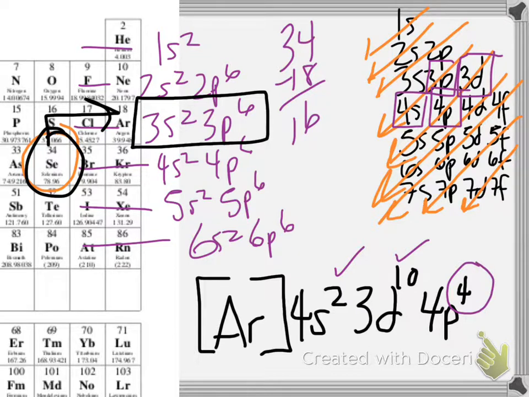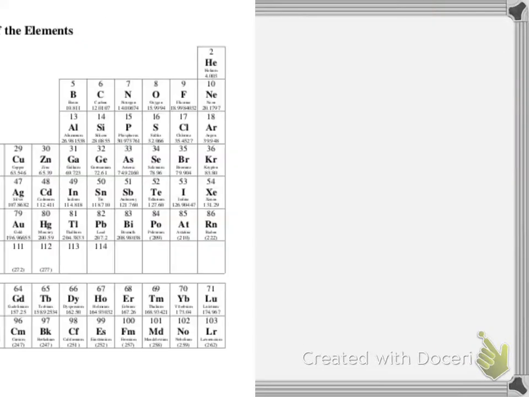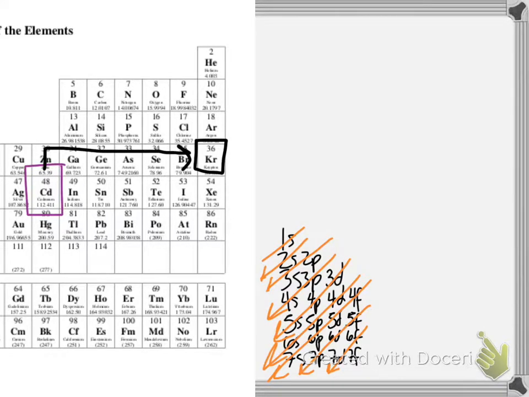Do you want to do one more together? Let's do just one more together, just in case. Okay, we're going to do cadmium, atomic number 48. You all know how to figure out which noble gas you're using. I know that krypton ended with what?